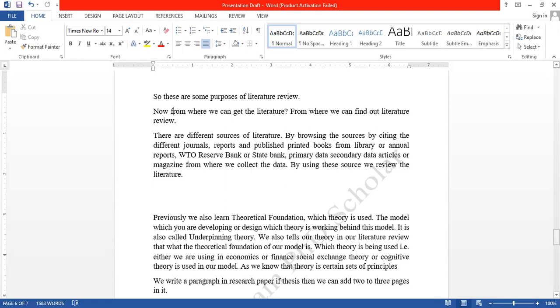As we know, theory is a set of principles. In a research paper we write a paragraph, but in a thesis we write two to three pages about your theoretical models.